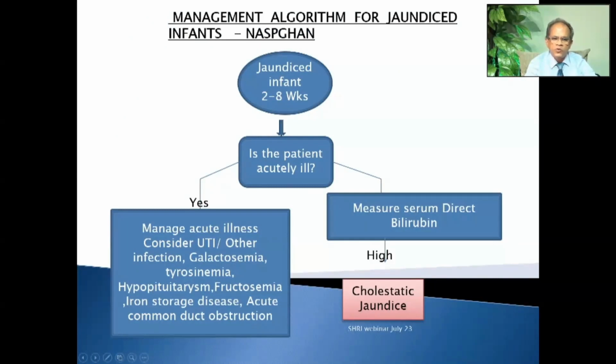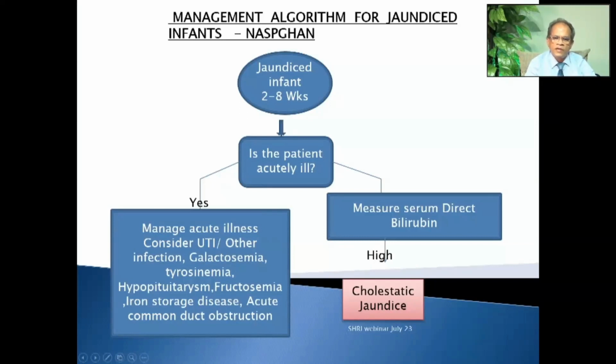Say if it is a UTI, severe pyelonephritis, you have to treat that and then reassess whether the bilirubin is corrected, or if there is any other infection, or if there is galactosemia, if there is tyrosinemia, then they can be ill due to the other effects of the disease. Or if hypopituitarism, they can have other illnesses together with jaundice. So that has to be treated according to its own merits.